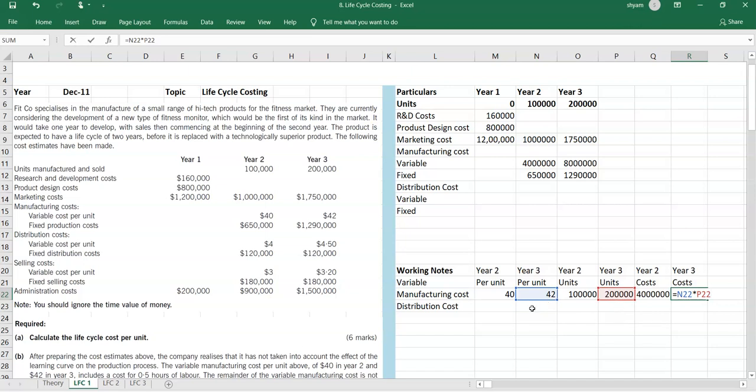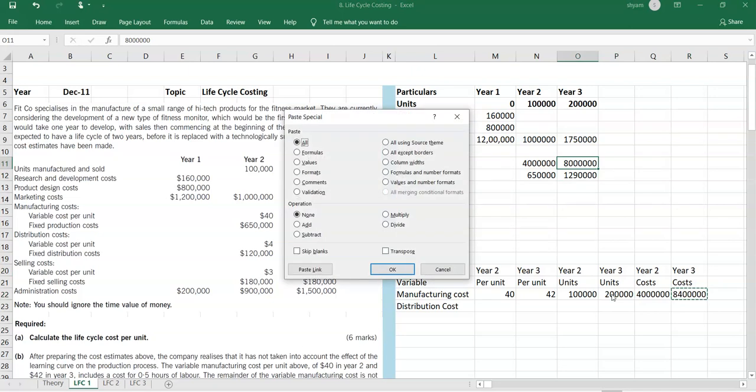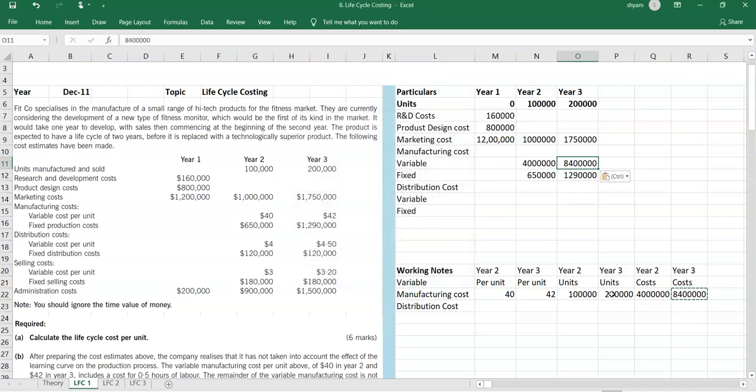Third year per unit into third year units. So we got the answer. So that's done.